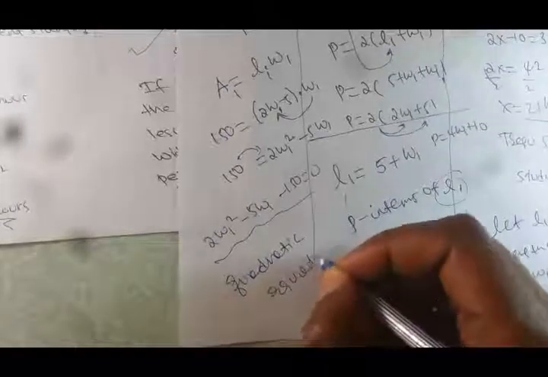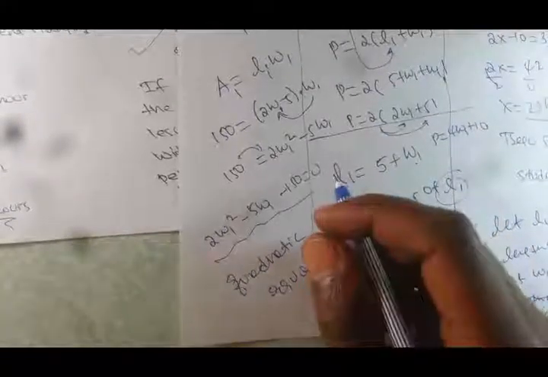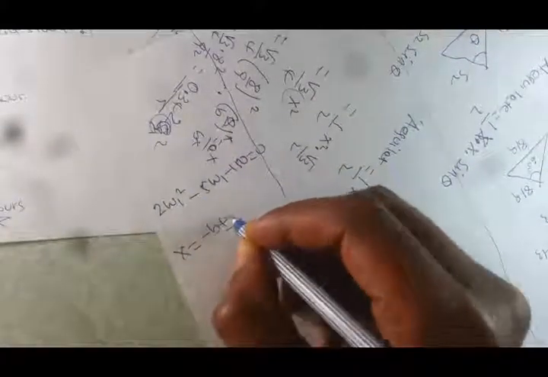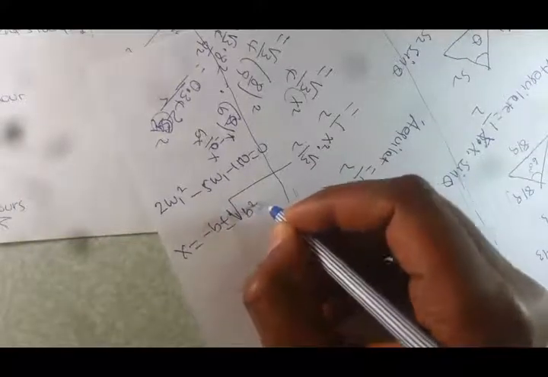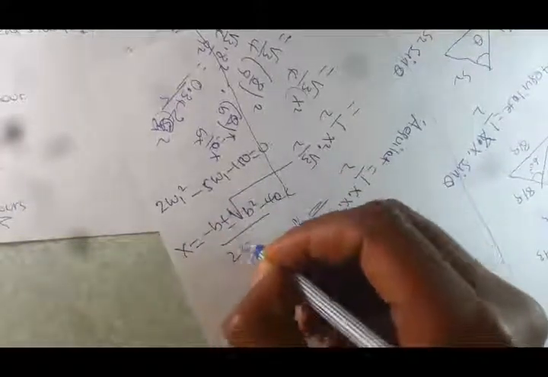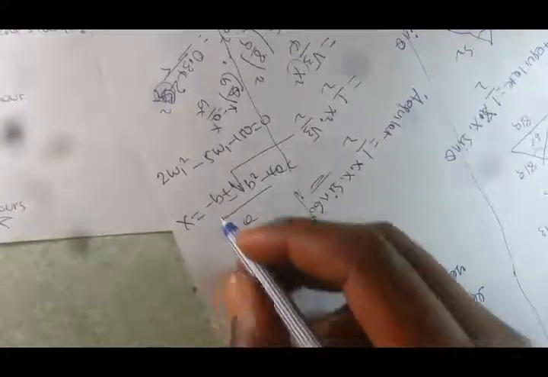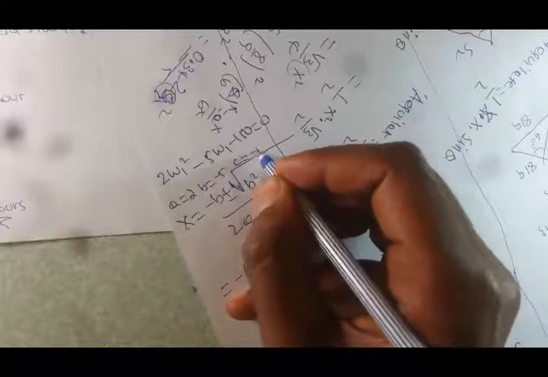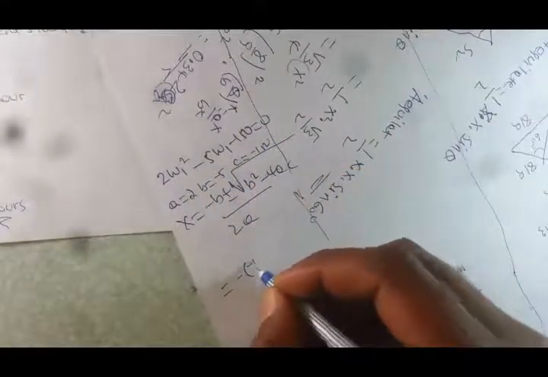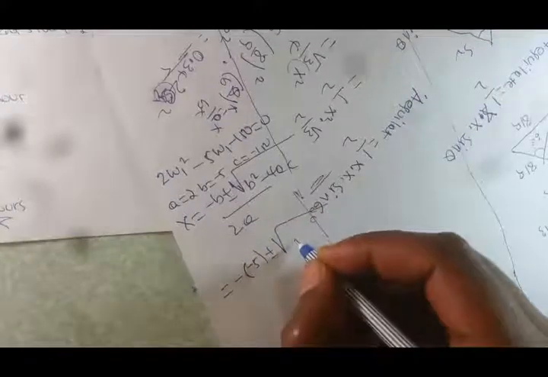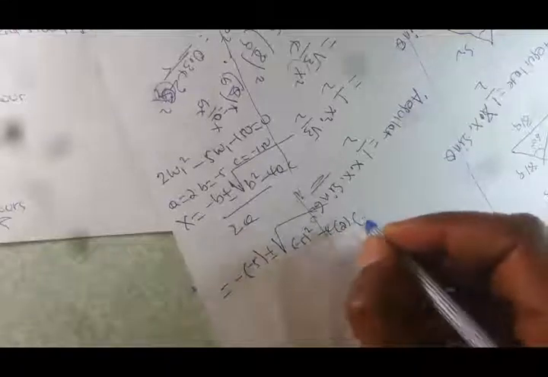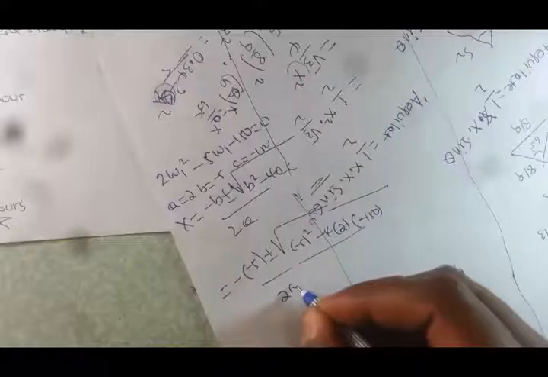In order to solve the quadratic equation, we know the formula: x is equal to minus b plus or minus the square root of b squared minus 4ac, over 2a. The value of a is 2, the value of b is minus 5, and the value of c is minus 115. So it is minus b, which is 5, plus or minus the square root of minus 5 squared minus 4 times 2 times minus 115, over 2 times 2.